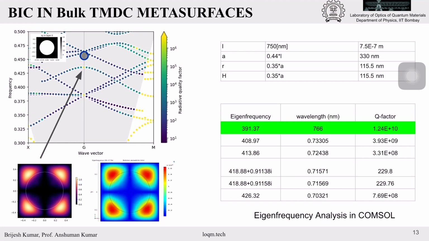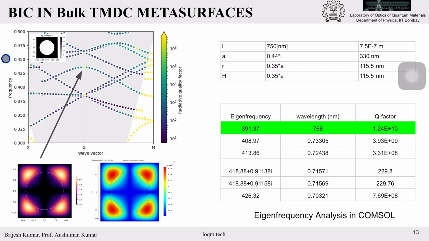This mode also has a symmetry protected BIC. All three yellow modes are symmetry protected BICs, while these yellow points we can consider as accidental BICs.